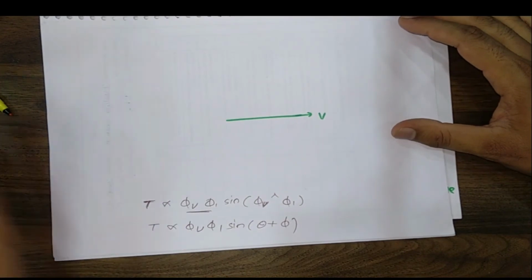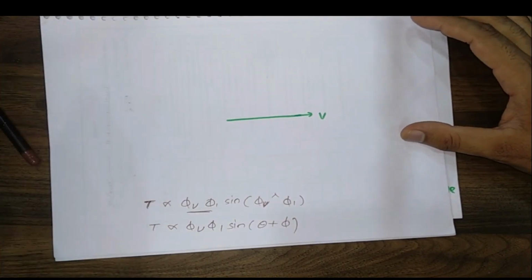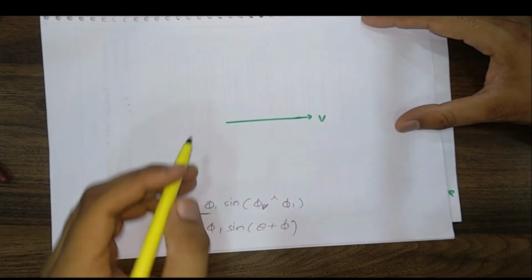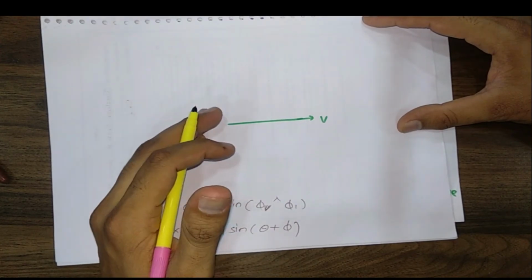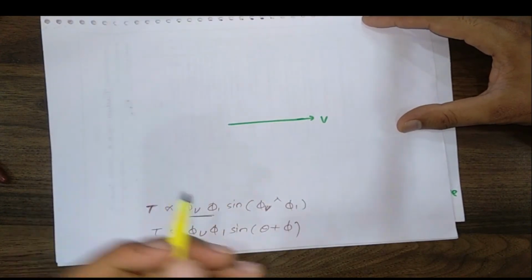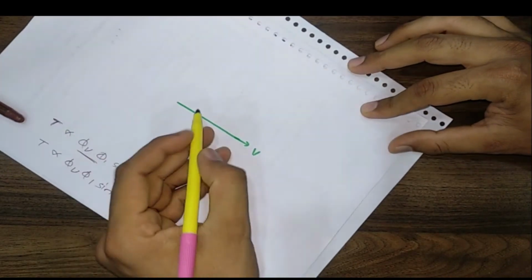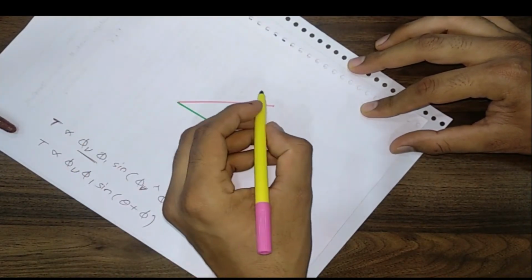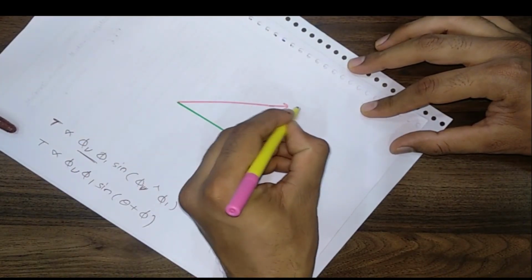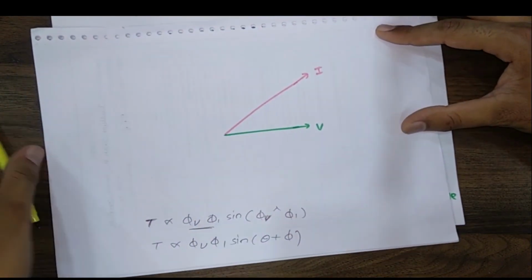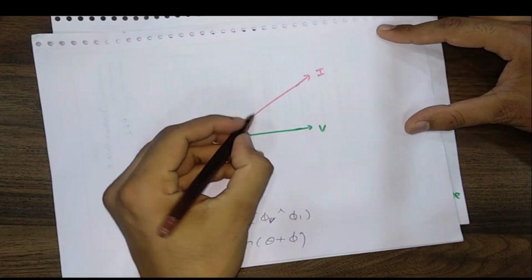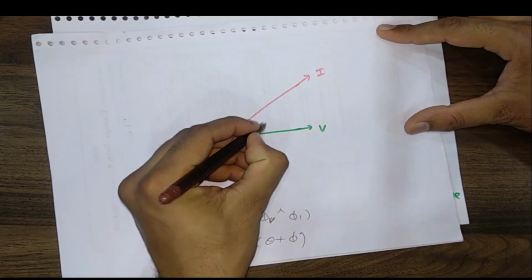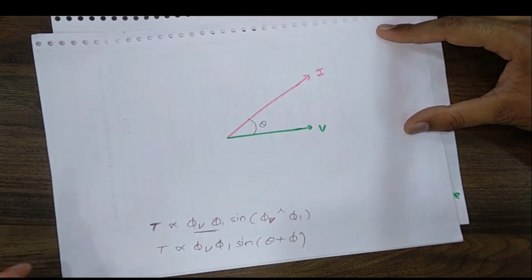So let me draw the current, which is leading the voltage by a certain angle. This will be the current, and the angle between voltage and current is, let's say, theta.